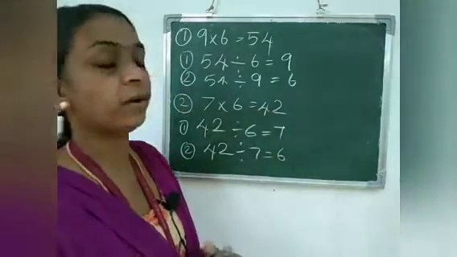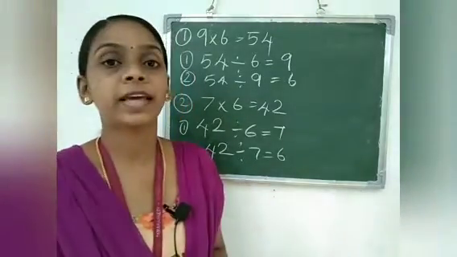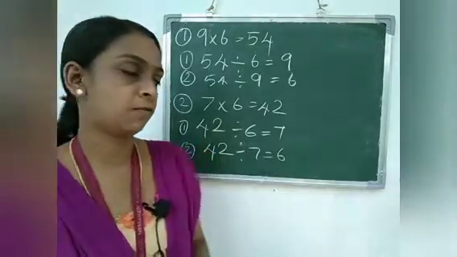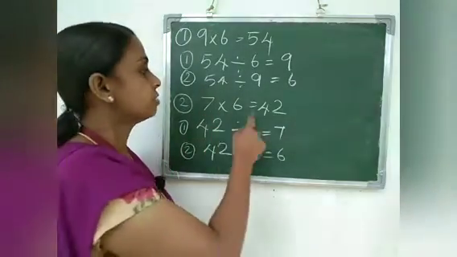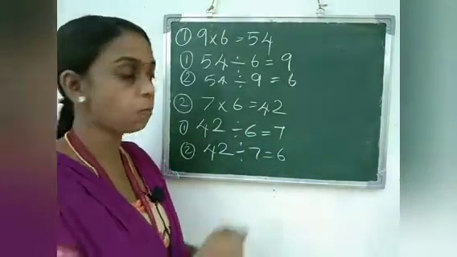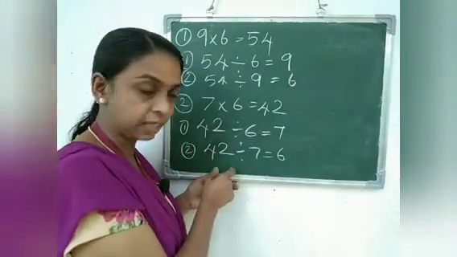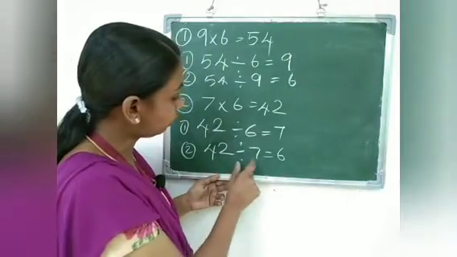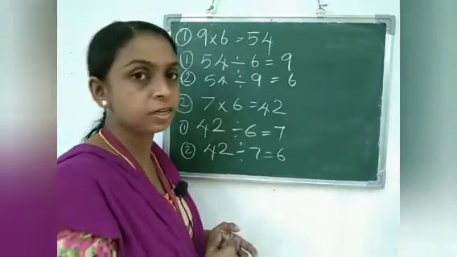So from a given multiplication fact, we can write two division facts. Here the question is 7 into 6 is 42. We wrote two division facts: 42 divided by 6 equals 7 and 42 divided by 7 equals 6.